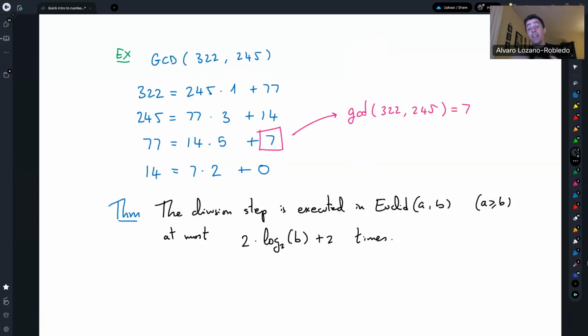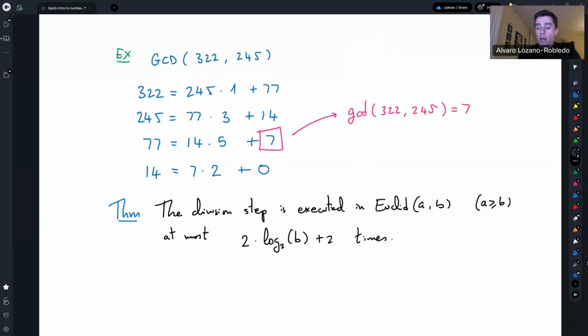And that is really good. The logarithm is a function that grows very slowly, so this will be a very small number of steps in general because of the growth of the logarithm.